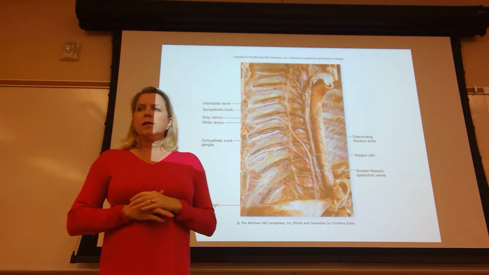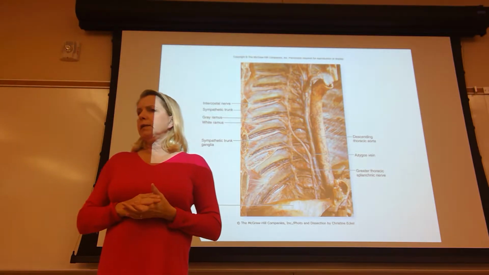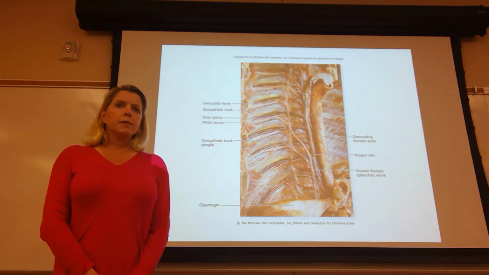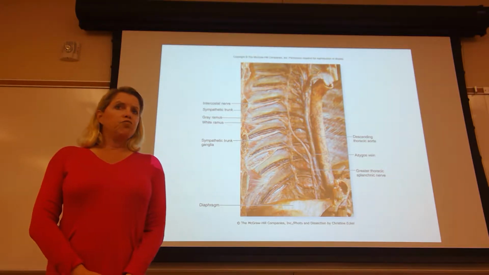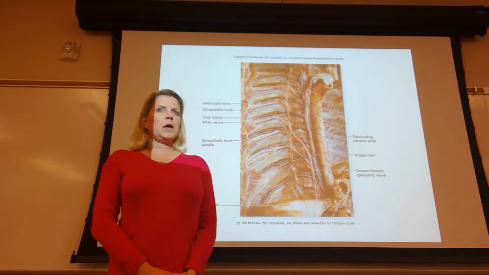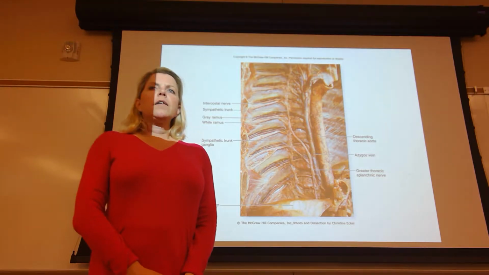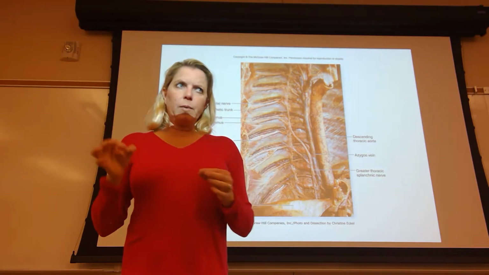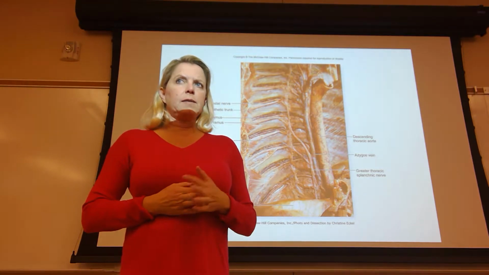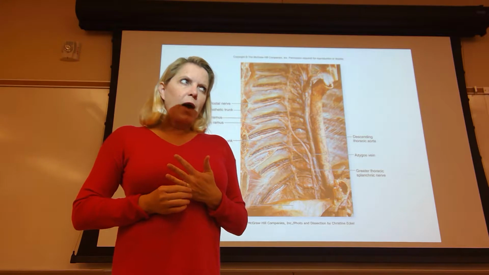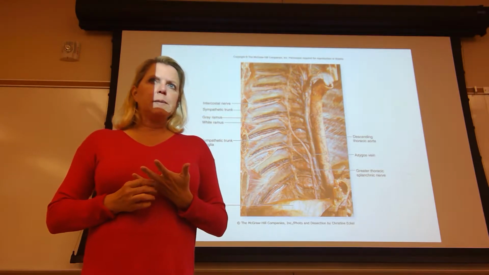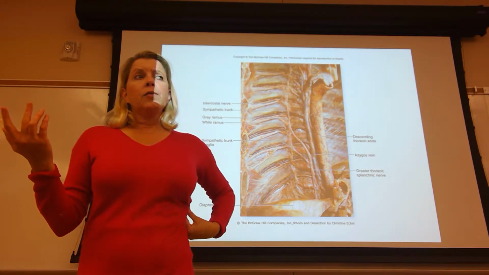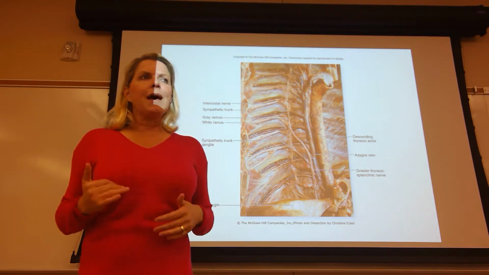Where are the cell bodies found specifically in T1 through L2? Ganglion. Not in ganglion. All of the cell bodies for the first neuron in the two neuron chain are always found in the CNS. So where are they found for the sympathetic nervous system? You said T1 through L2, but where exactly are they found?